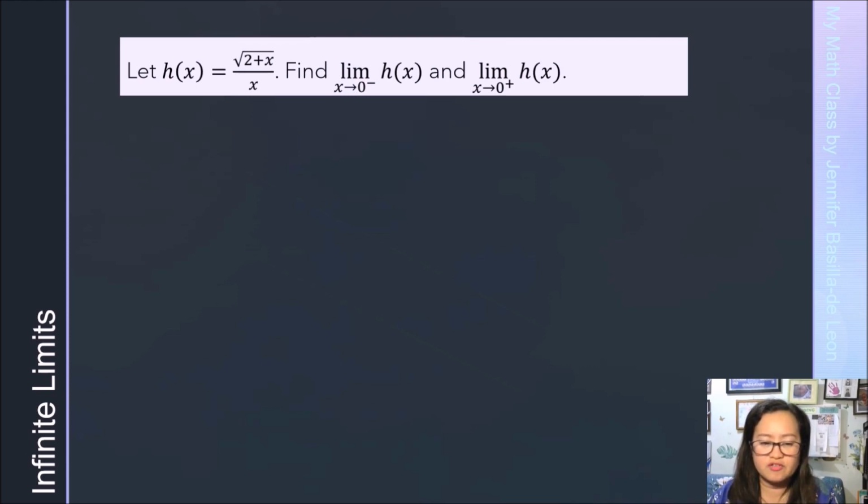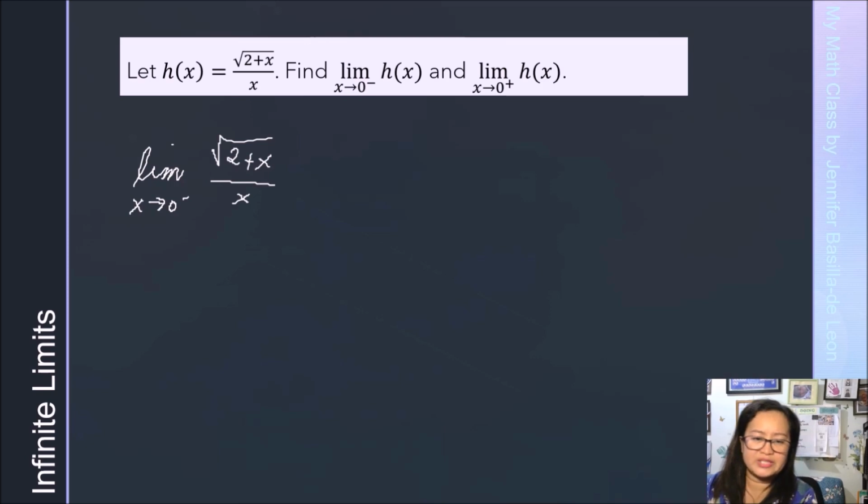First, we have to determine the value of c. Okay, so take note, we have the limit of h of x, the square root of 2 plus x over x, as x approaches 0 from the left.